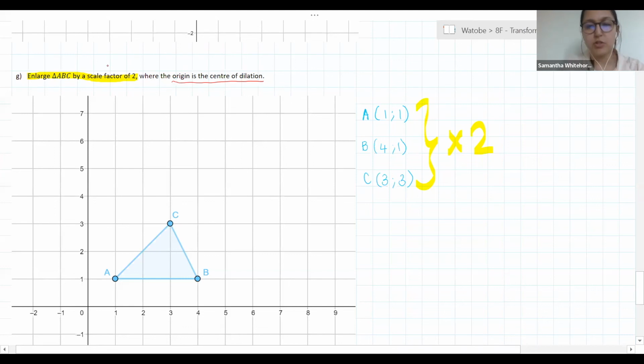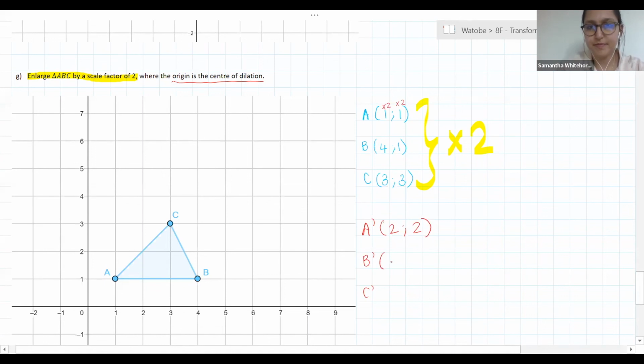So I'm going to do the first one to show you. I would multiply both the X and the Y by 2, which means that the new coordinate A dash would now sit at 2, 2. Right, Tiamo, do you have a question, or would you like to give me the new coordinates of B dash? I would like to give the new coordinates for B. Awesome.